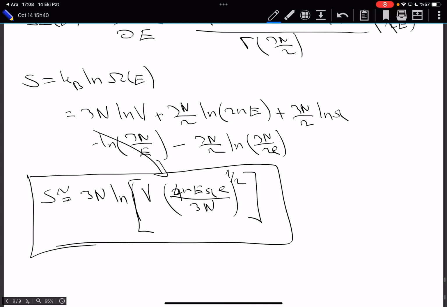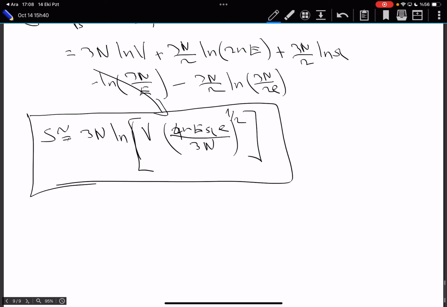Let me put this weird sign. Now, the reason is, you see, I said that sigma E was equal to the integral of d^{3n}p d^{3n}q. Well, this is not the number of states, this is the total volume. Now, if I want to convert this to the number of states, I have to divide this volume by the volume occupied by one microstate. Let me call that number omega 0.